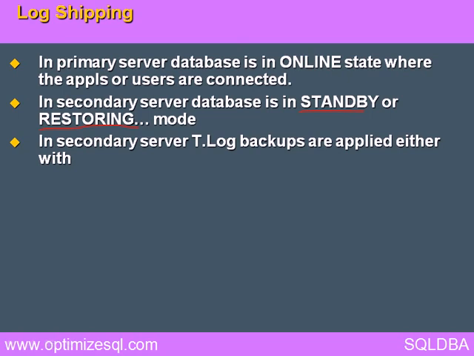Then in the secondary server, transaction log backups are applied either with no recovery if the database is in restoring mode, or with standby if the database is in standby mode.